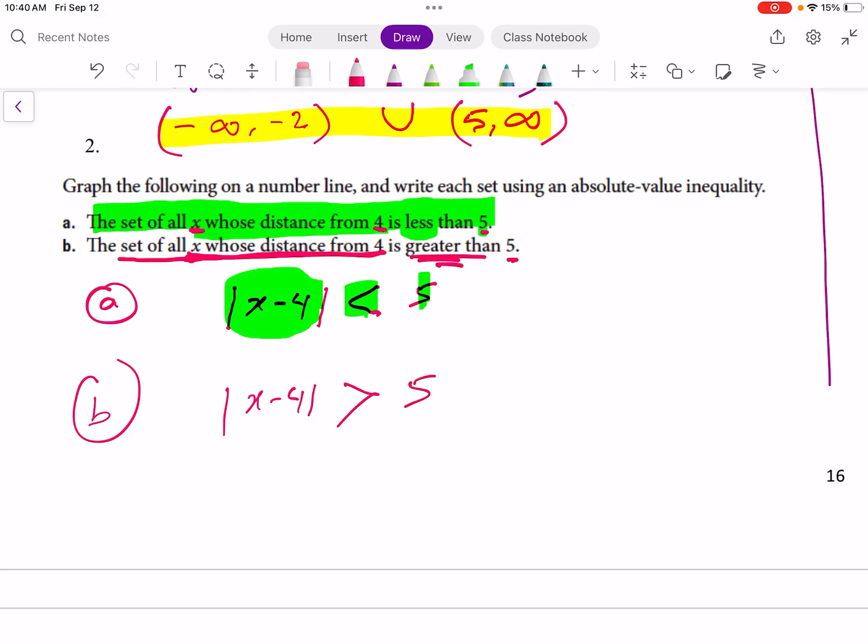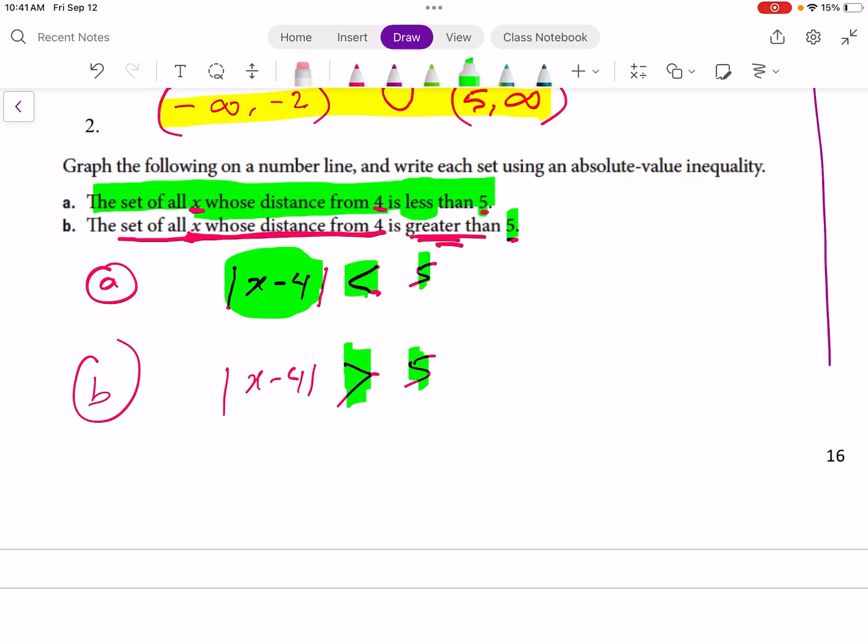So this is the absolute value inequality. Absolute value of x minus 4, that is the distance, and for greater than we have this inequality, and 5 is 5 here. This is how we can write this statement as an absolute value inequality, and we can solve this and graph as we did in part A.